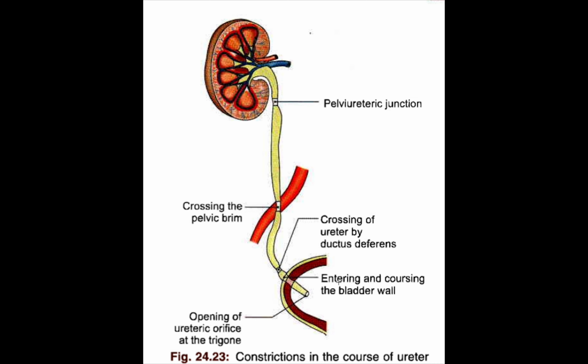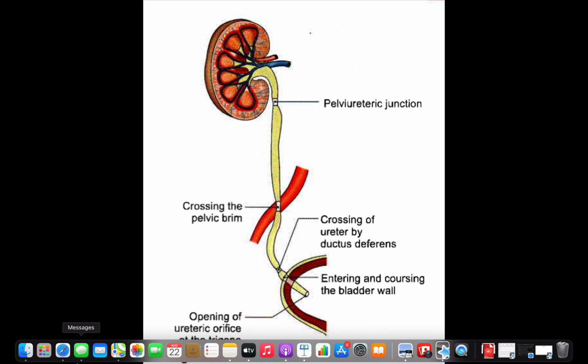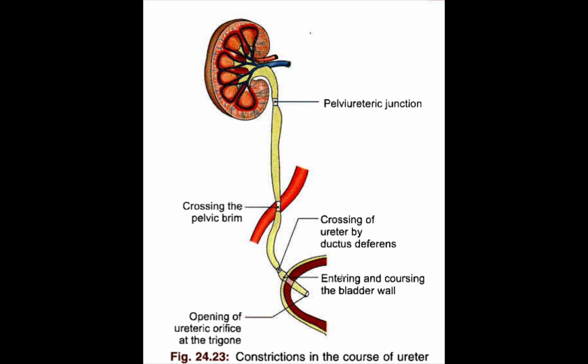So these are the 4 or 5 points that you should know where the ureter is constricted or can be constricted in abnormal conditions. In this diagram, these are the normal constriction sites, where the ureter is a little bit in touch with these structures, and there are chances of constriction whenever there is any abnormality. So these were the constrictions of the ureter.